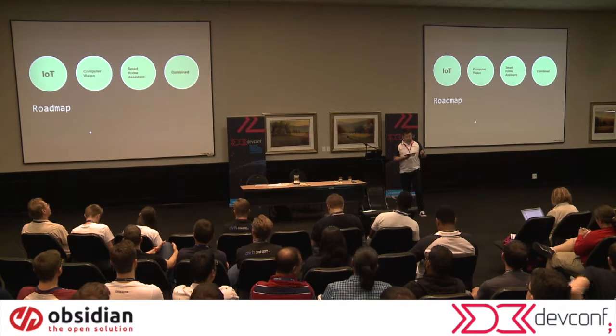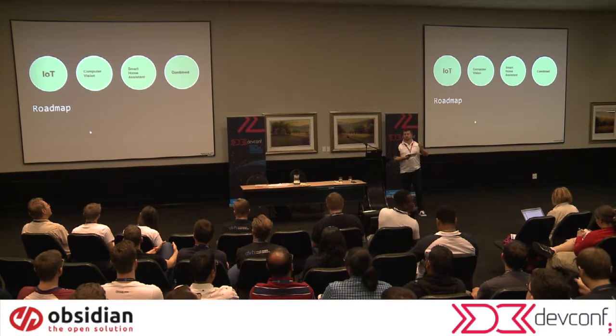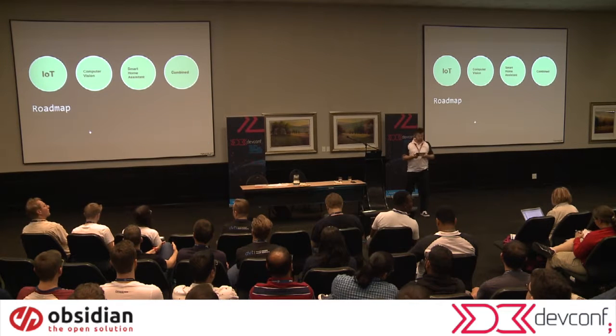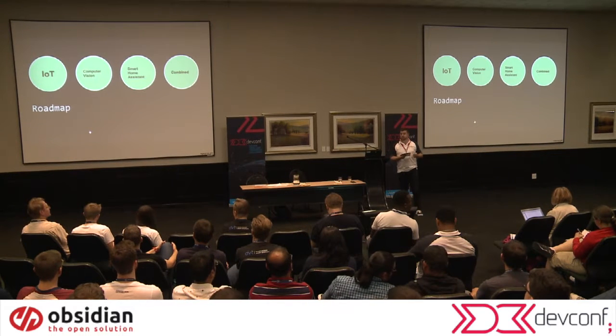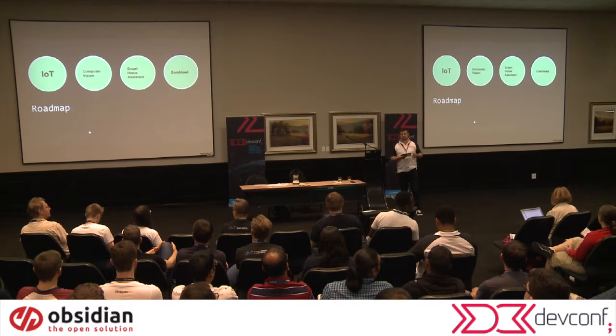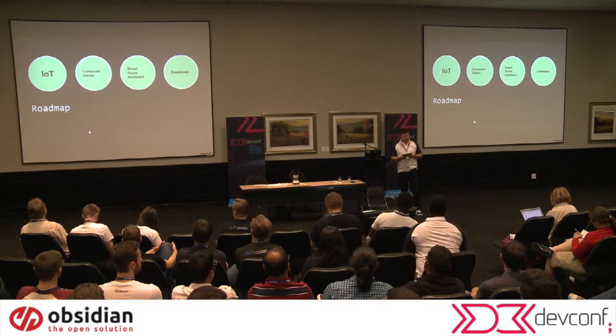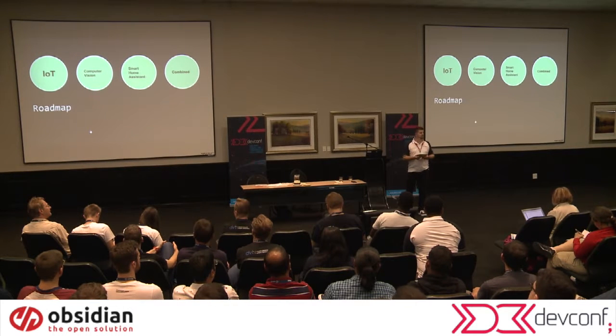The computer vision system is used for real-time object detection and to identify individual objects to target specific objects in the environment. The third step is that of the smart assistant. The smart assistant is used to interact with your environment. And the final step is to put it all together.